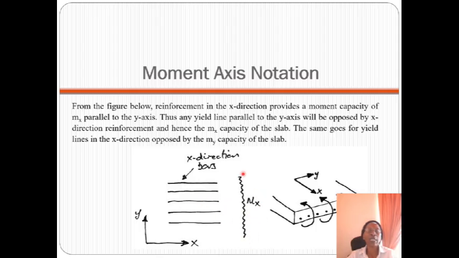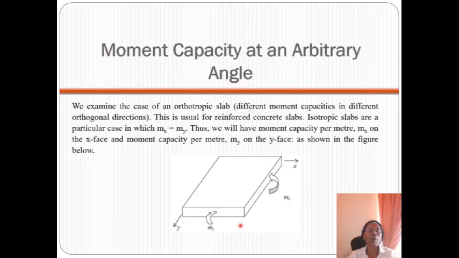And the same goes for yield lines in the x direction, opposed by the my capacity of the slab. So if you turn the direction of your reinforcement, then the yield line in the x direction will be opposed by the reinforcement in the y direction. And this is also a moment capacity as well.